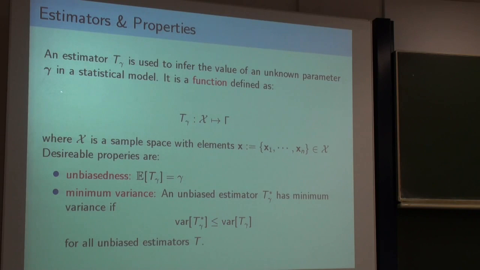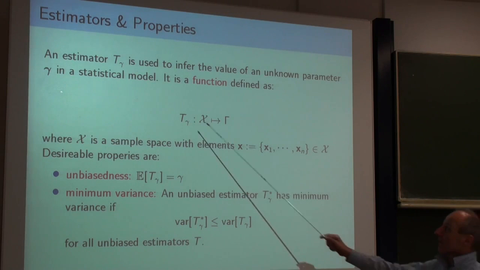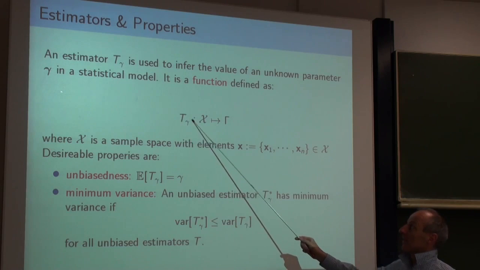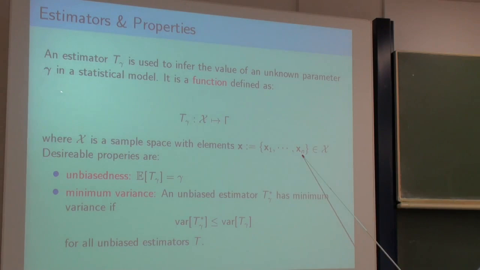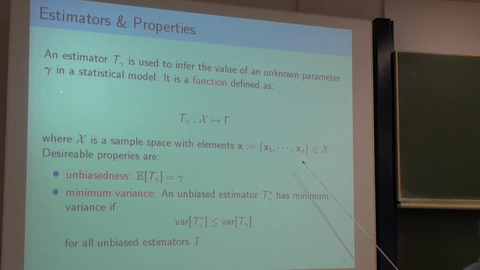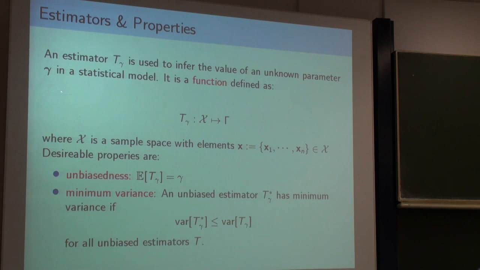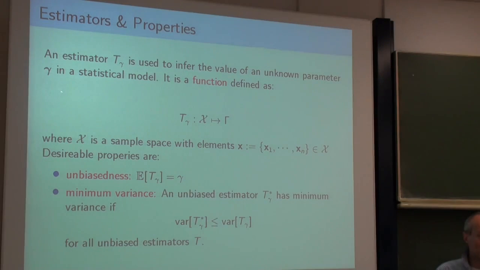I mean, look, we are calculating the estimator itself from a finite sample set. And this, of course, only gives us an estimation of our parameter. That's why it's called an estimator. And the question is, is this estimation good or not? And the first property is unbiasedness. And this means that the expected value of the estimator has to be the correct parameter value.